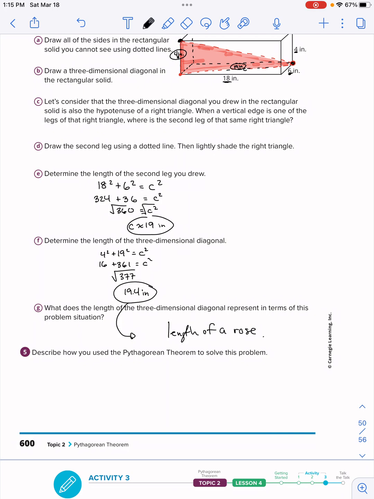Number 4, describe how you use the Pythagorean theorem to solve this problem. How I would describe this is that we used the Pythagorean theorem twice.